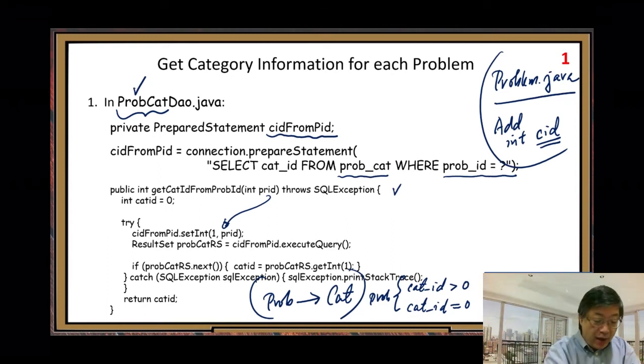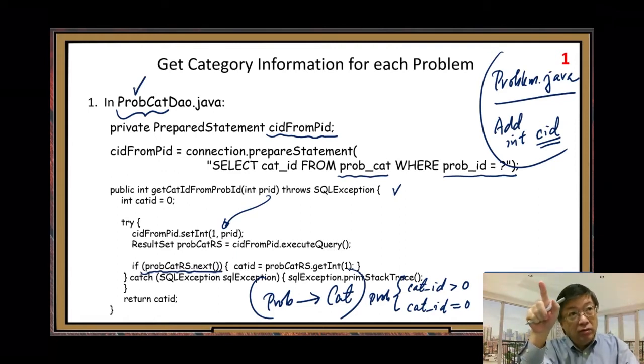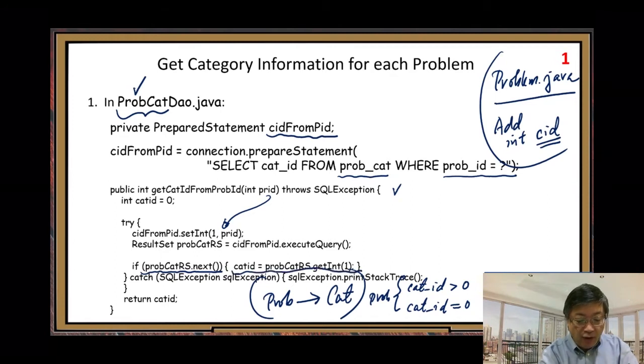Then we call this query result next. If there is a non-empty row, then the statement is true. The next method call returns true. So there is a valid row. So we can retrieve the value from that row, and we expect it's an integer greater than 0.